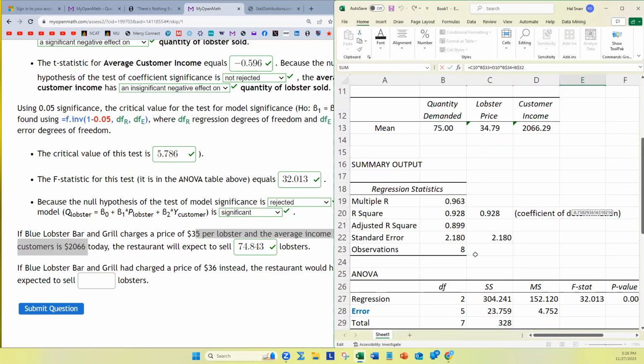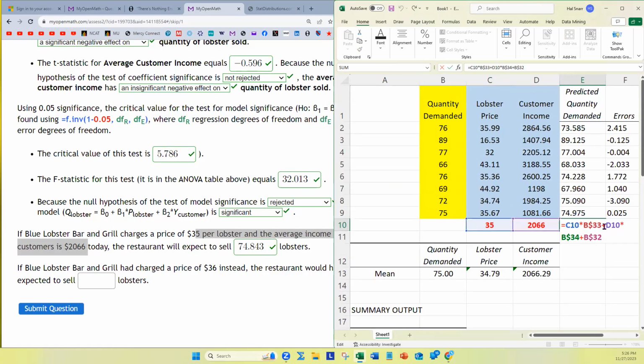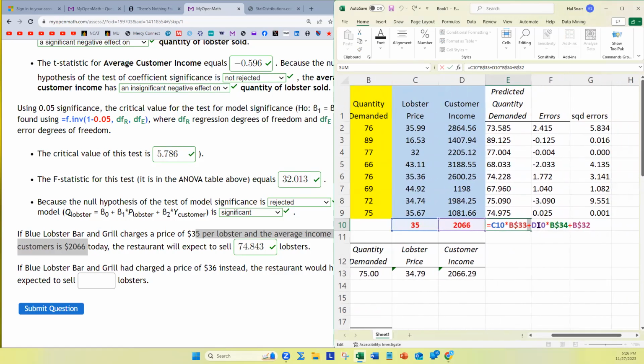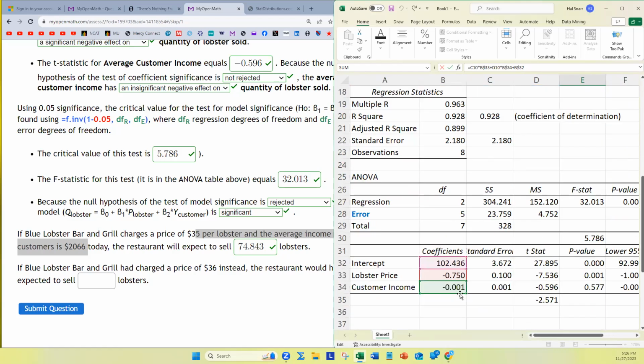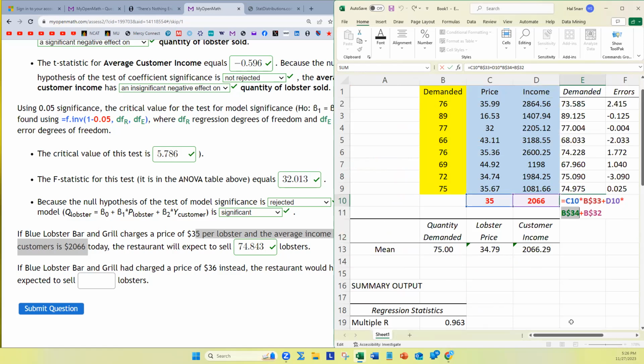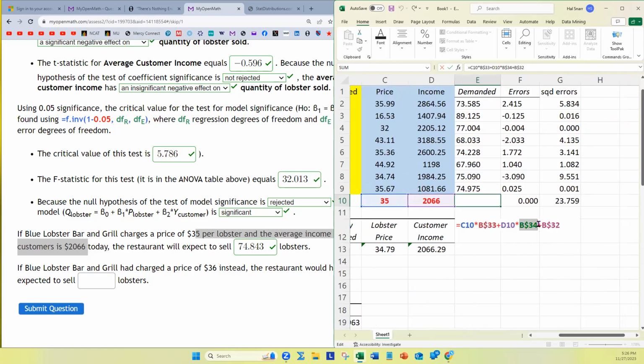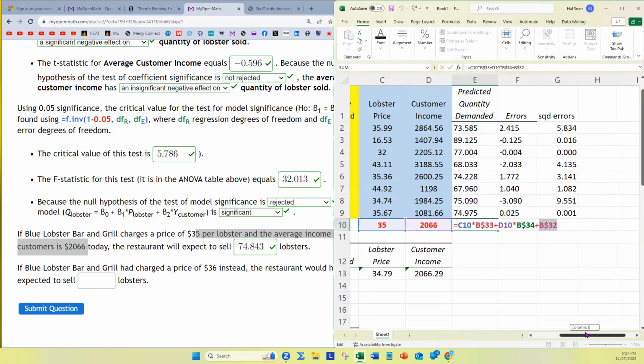And then I have to add to that the customer income multiplied by the customer income coefficient, this number in this green box right here. And the last thing I'm doing is adding the intercept of the model, the estimated intercept right here.